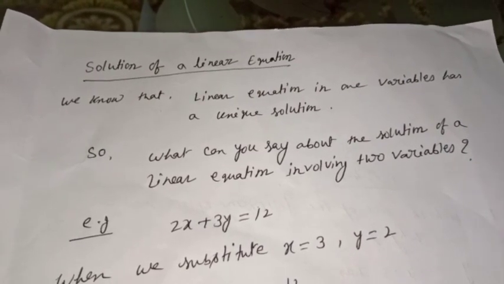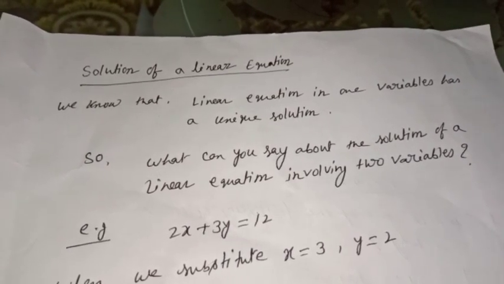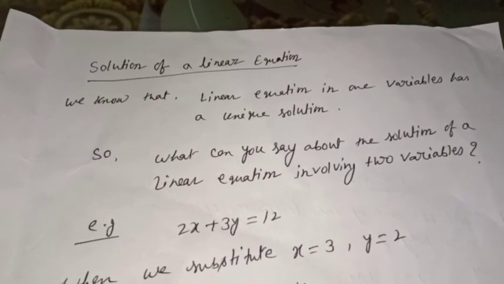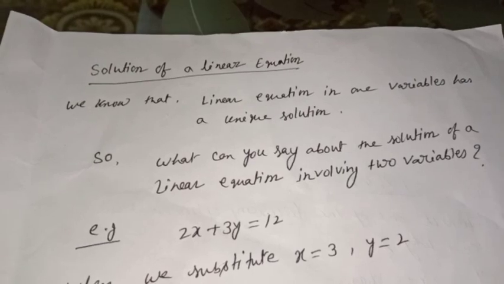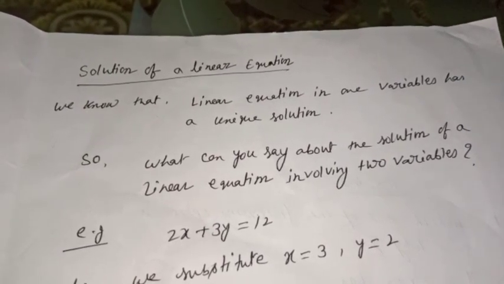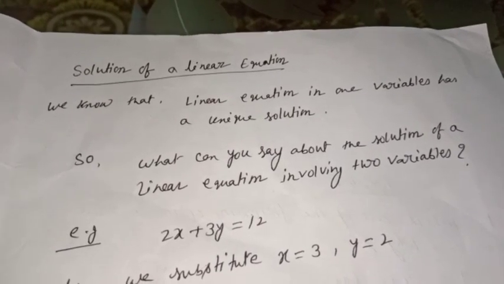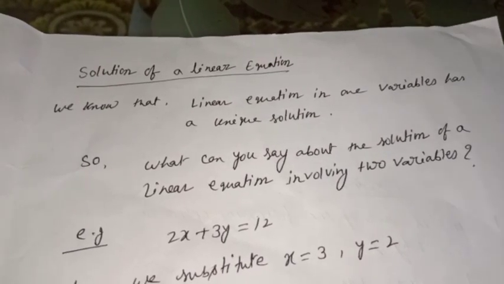In the last class, I started chapter 4, that is linear equation in two variables. What have we discussed? A linear equation in two variables can be written in the form of what? ax plus by plus c is equal to 0.